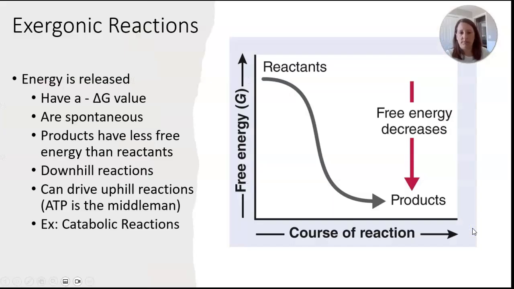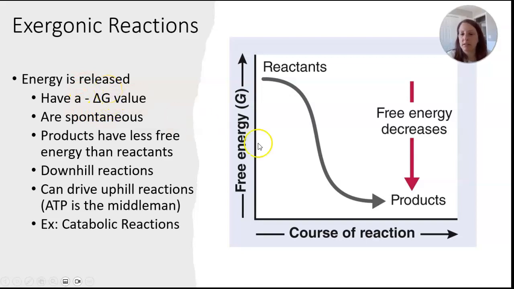Okay, so again, what does this mean? Why do we care? What I need you to know about free energy is that in exergonic reactions, energy is going to be released. And so we say that these types of reactions have a negative free energy value, a negative delta G. So what does that mean?